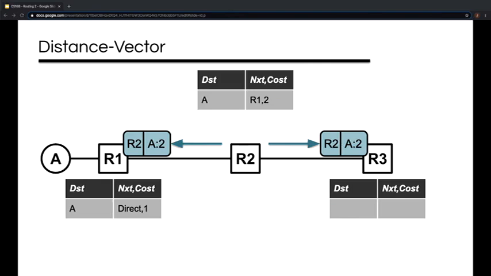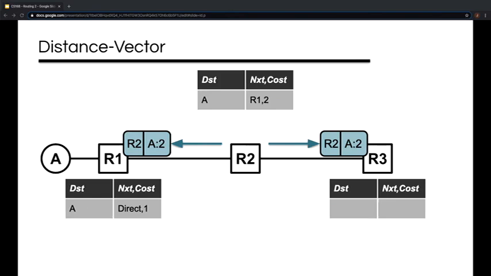Would you have sent it to both R1 and R3? And I doubt it. You apparently would not have. I bet a lot of you didn't. Thumbs up. Would you have sent the one to R1 or not? I see a lot of thumbs down.